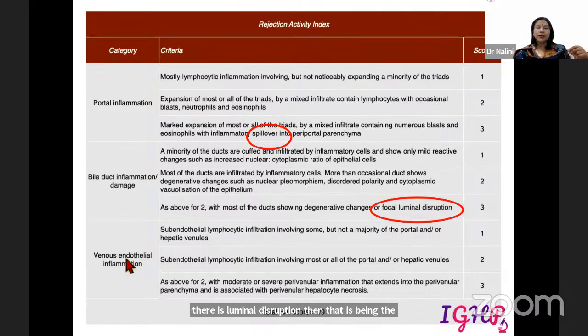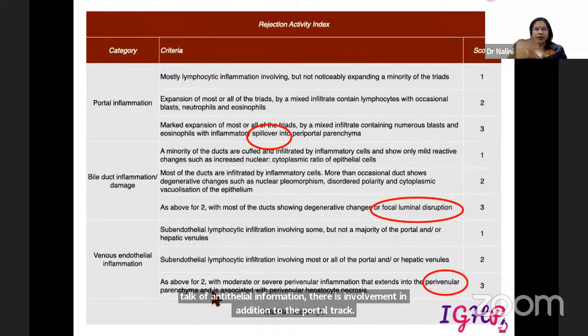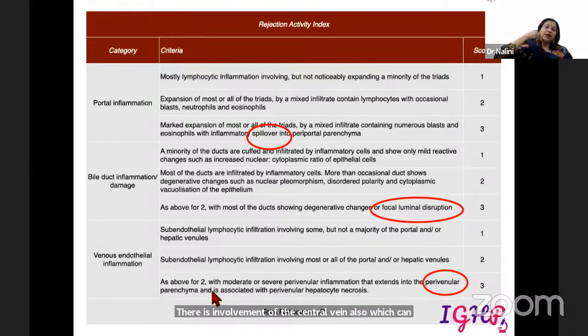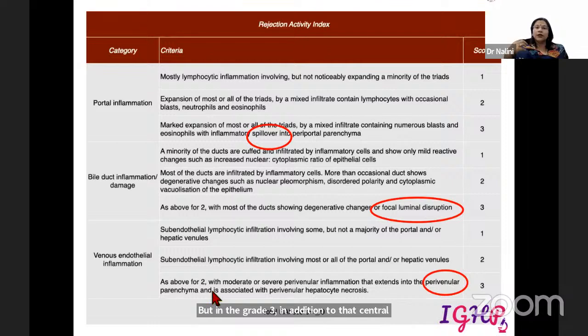Now, the third of the triad is your venous endothelial inflammation. When we talk of endothelial inflammation, there is involvement, in addition to the portal tract, of the central vein also, which can be seen in grade 1 and grade 2 as well. But in grade 3, in addition to that central vein involvement, you are going to see hepatocellular damage.